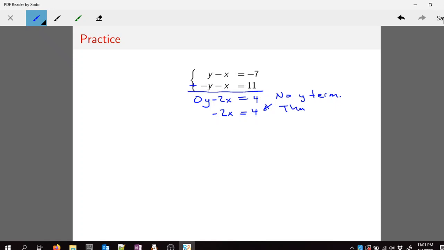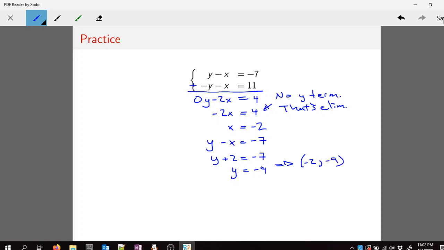That's elimination. x would be equal to negative 2 after a little division. And if y minus x is equal to negative 7, then y plus 2 is equal to negative 7. y is equal to negative 9. Our answer is negative 2, negative 9.